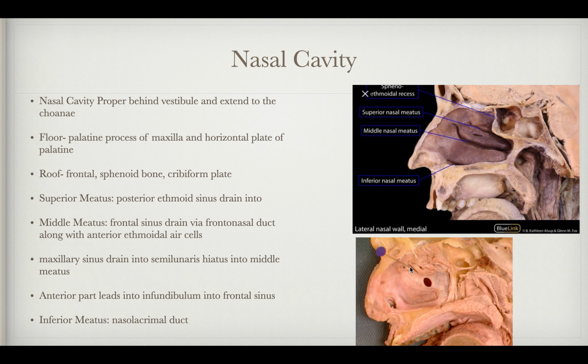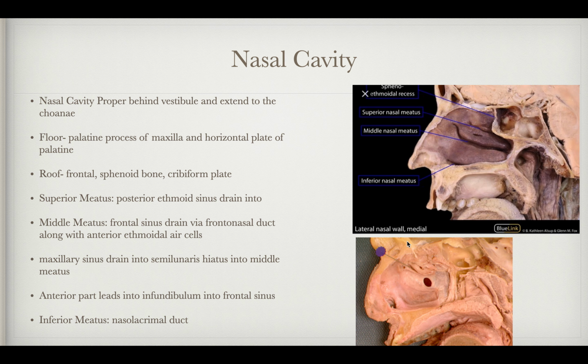So in order to see the semilunaris hiatus, you actually have to remove part of the middle meatus in order to see it, but it's right here as well. So the anterior part will lead into the infundibulum, and that will go into the frontal sinus, and then the inferior meatus is going to drain into the nasolacrimal duct.